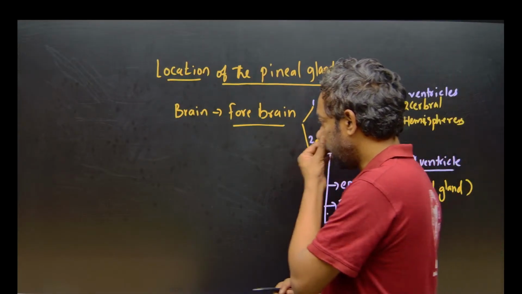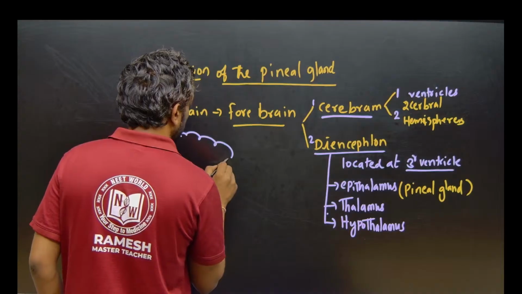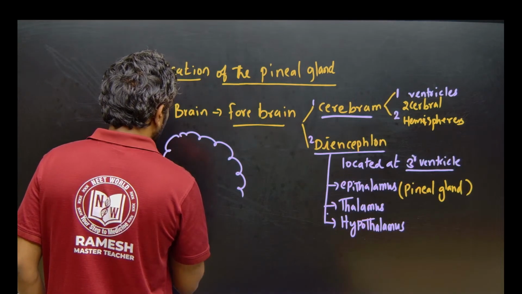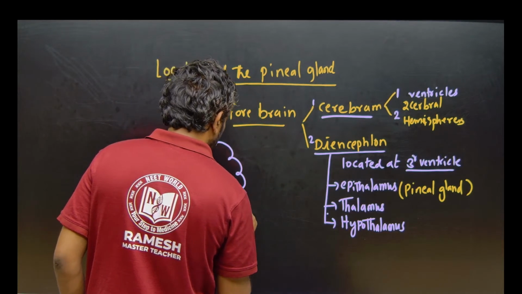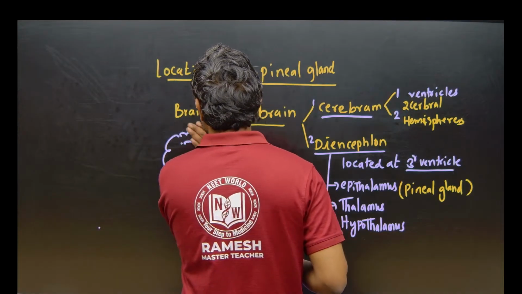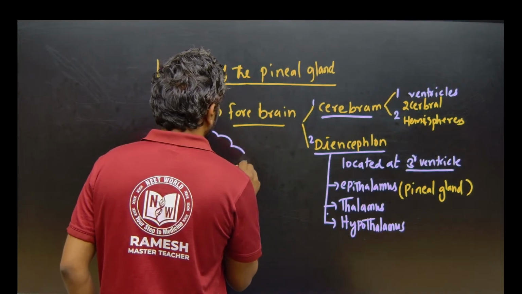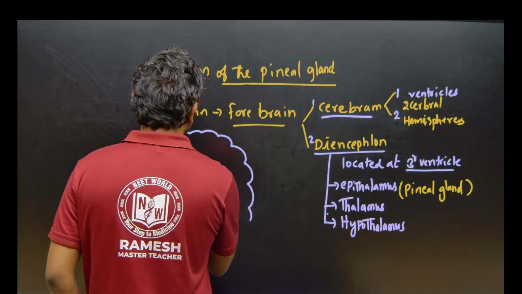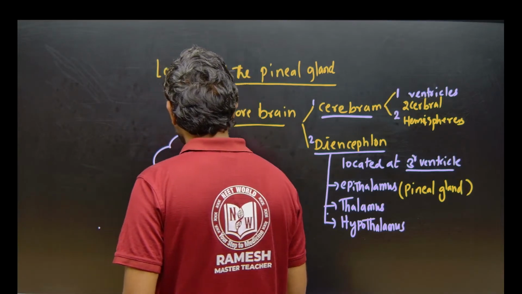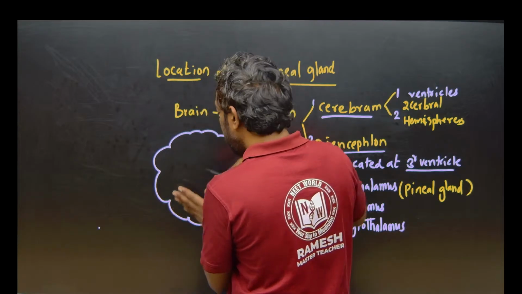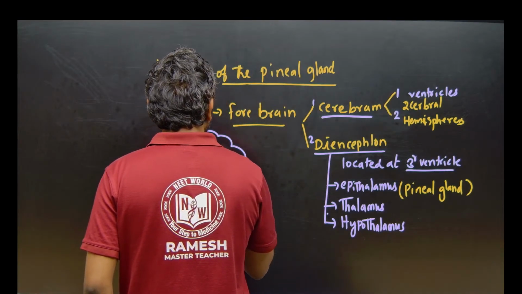I am going to draw it here. The cerebral hemisphere has two lobes, this is one lobe and this is the second lobe.